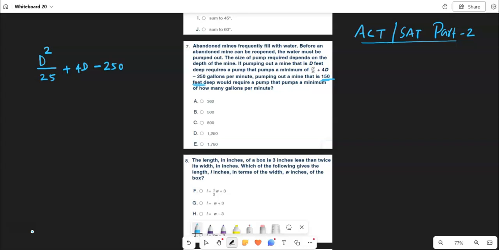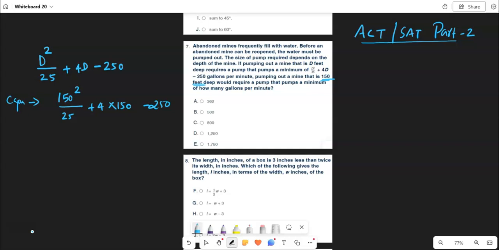So the capacity can be calculated by replacing d with 150. That will be 150 square divided by 25 plus 4 times 150 minus 250.